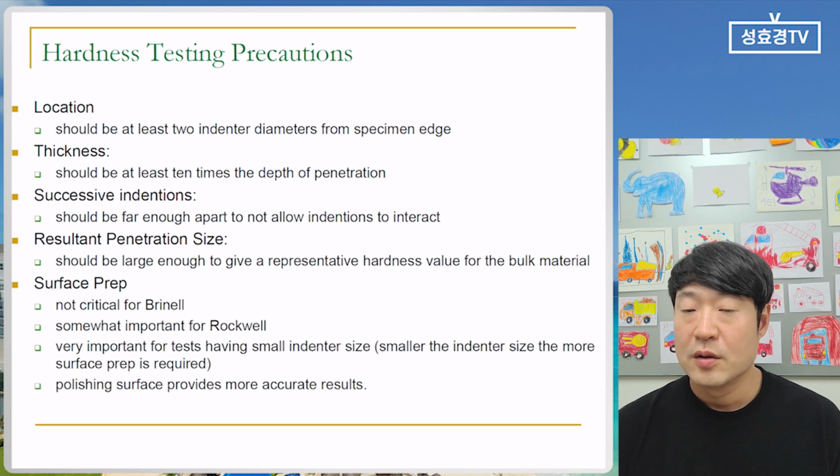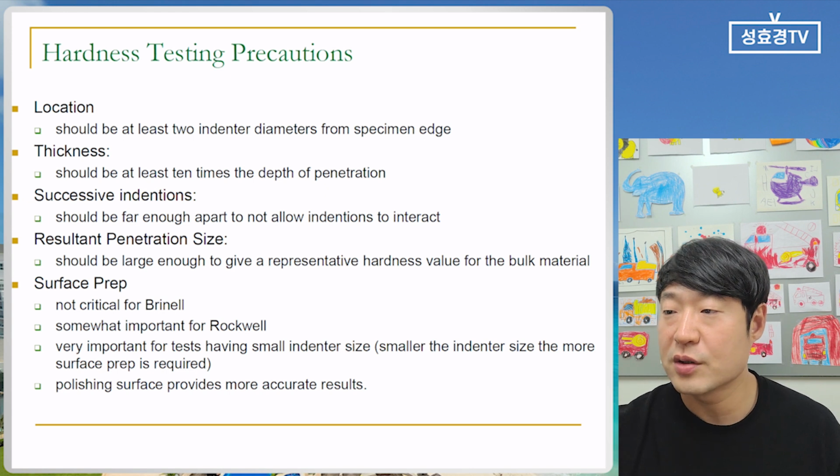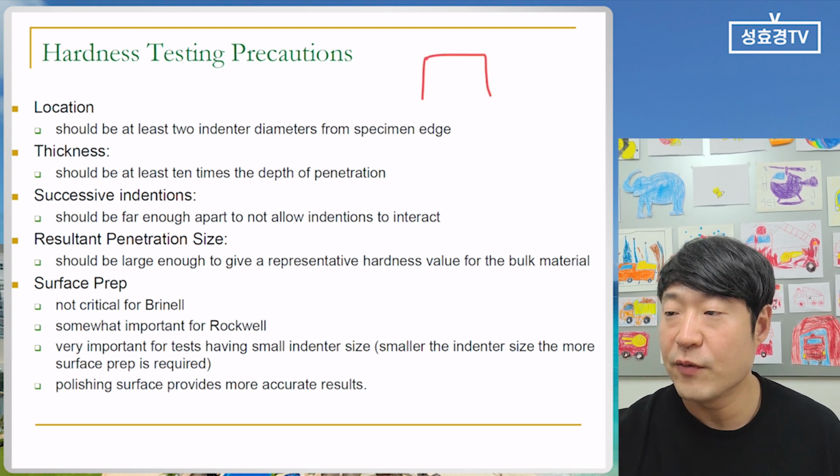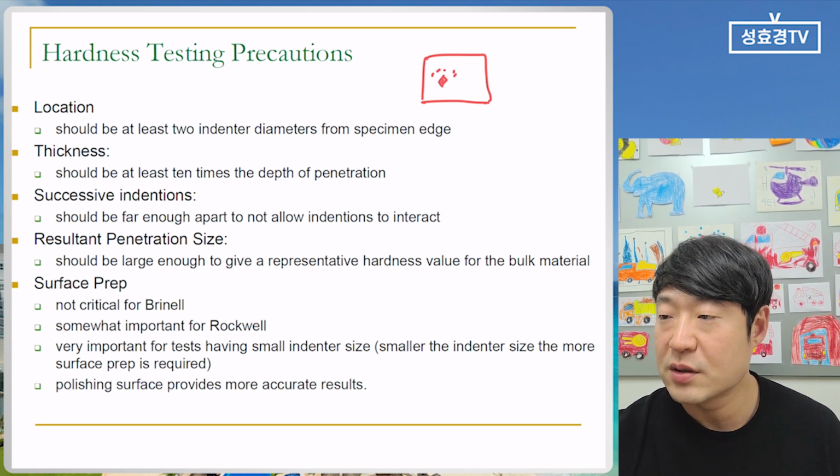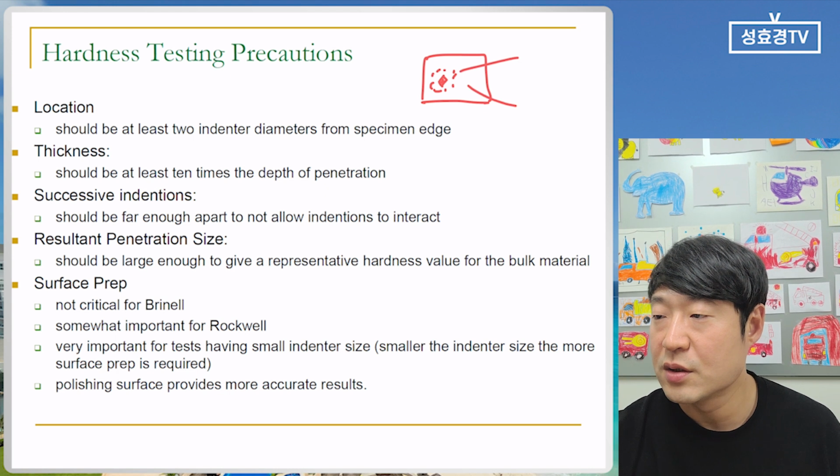So that is what we need to consider before the hardness test. The location is very important. When you conduct the test, for example, this is a sample. Maybe this size is very small, so I can just enlarge it.